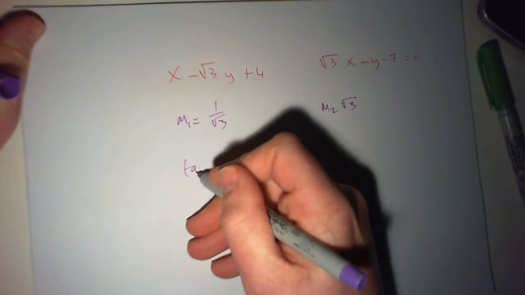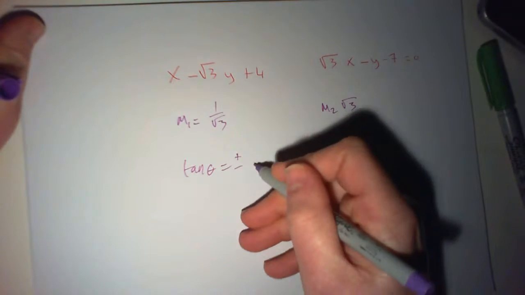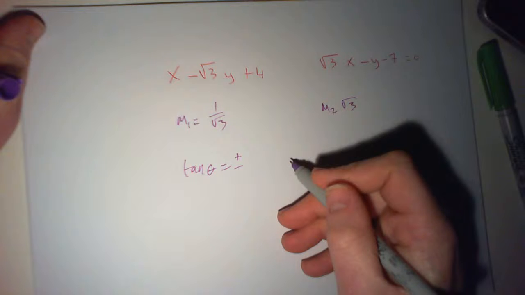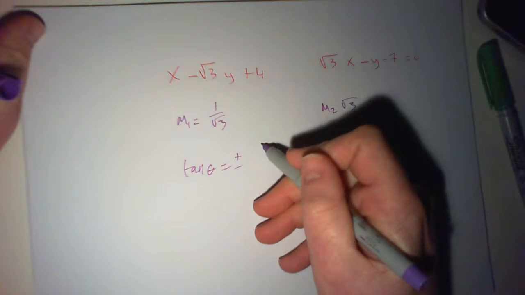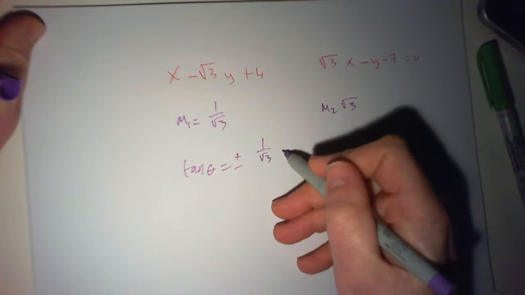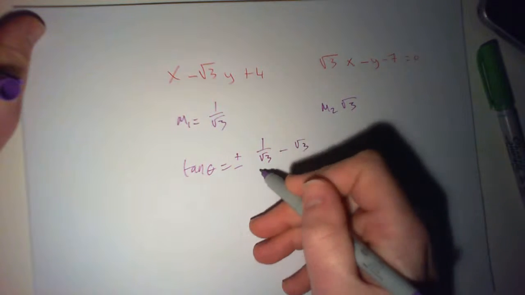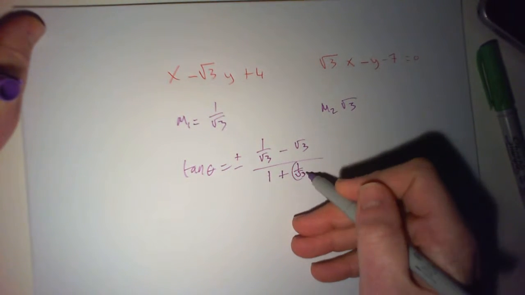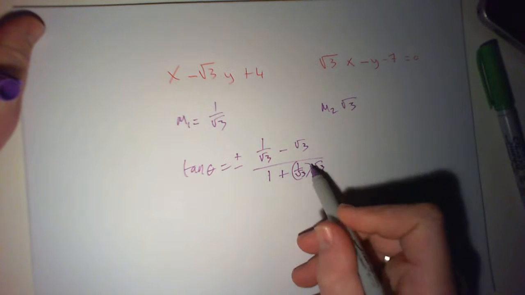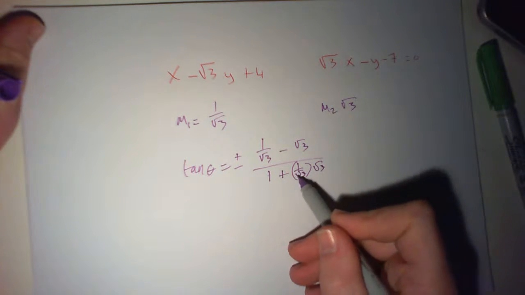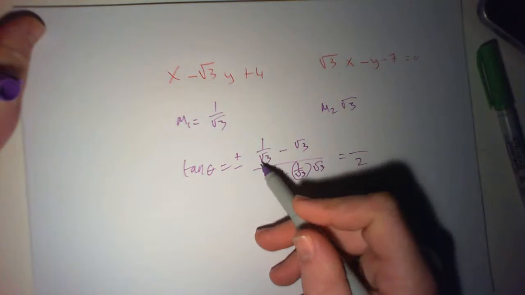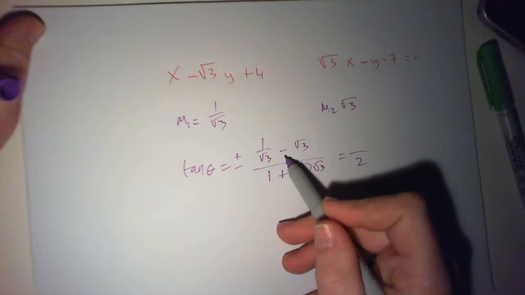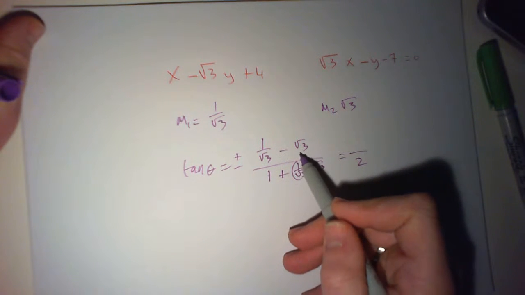So tan of the angle is plus or minus, what are we looking at here? 1 over root 3 minus root 3 over 1 plus 1 over root 3 times root 3. So that's going to be 2 on the bottom, and on the top 1 over root 3 minus root 3, common denominator root 3.